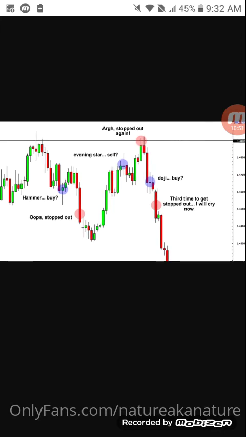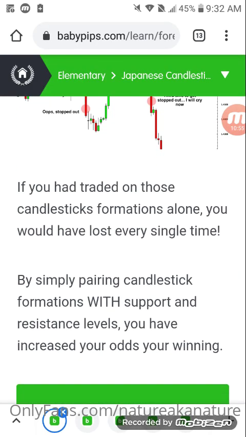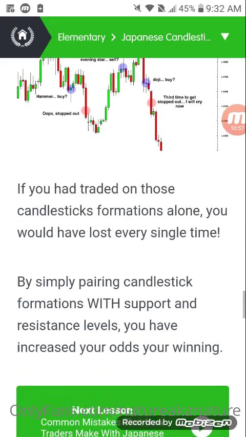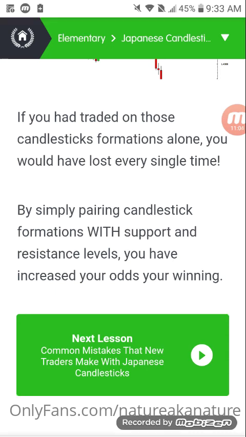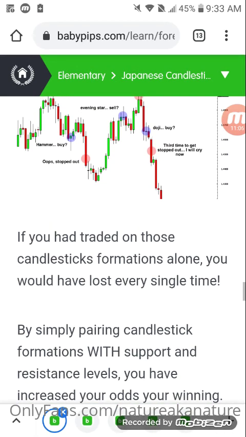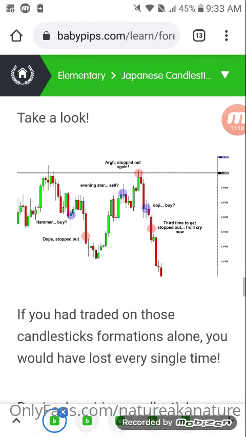Let's go back out of this picture. If you trade on those candlestick formations alone, you have lost every single time. By simply pairing candlestick formations with support and resistance levels, you have increased your odds of winning. So it's important that you look at the candle formations at the top of resistance and support levels to see what price was really doing.